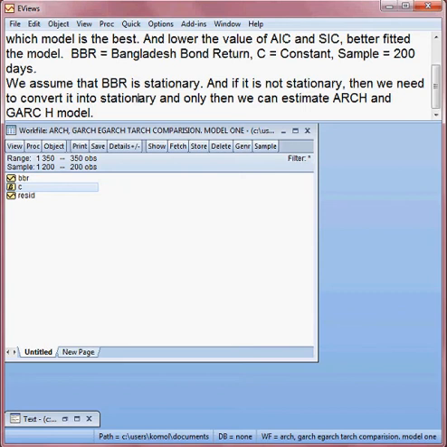Here we assume that BBR, Bangladesh bond return, is stationary. Okay, so now we can run the model.